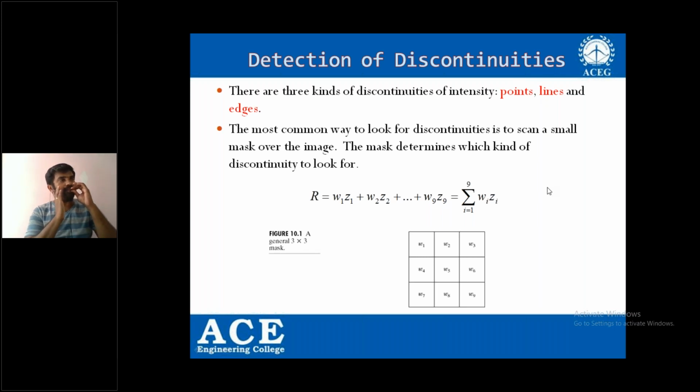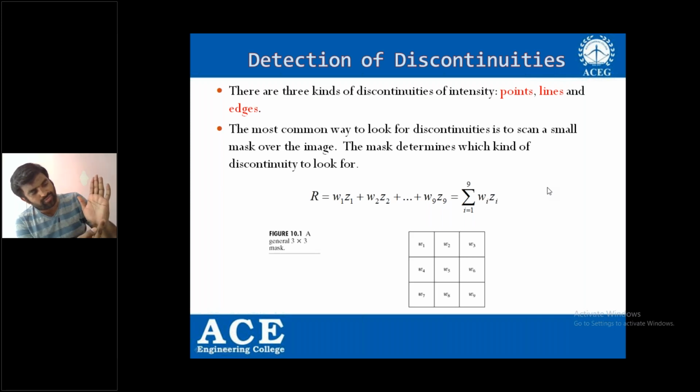If R is the same at every point, no discontinuities are observed. If you find any difference in the R, which type of difference? Ultimately, you cannot find the same R value everywhere. Why? Because even if you take my palm, at this particular area the region appears similar, that is, there is no change in the adjacent pixel values.